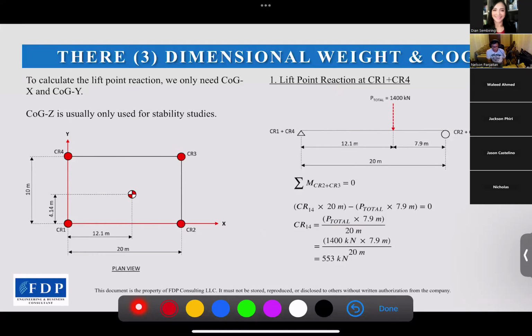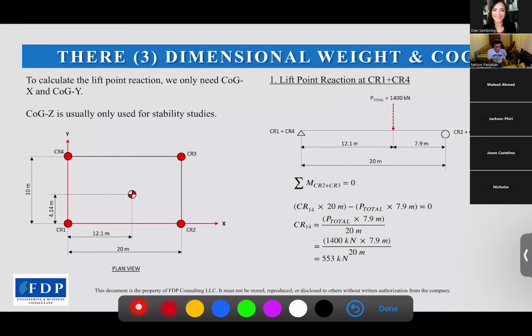Now the problem is how can we find the lifting point reaction from the COG and weight information that we have calculated. Usually the COG Z is only used for the stability studies.